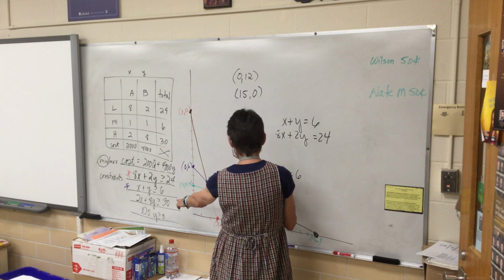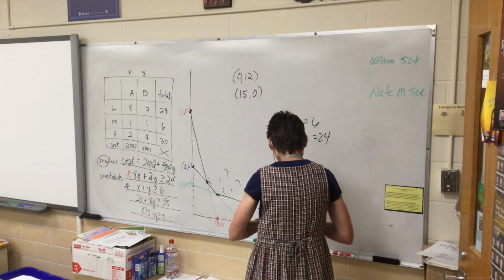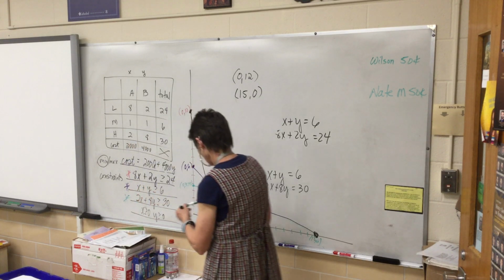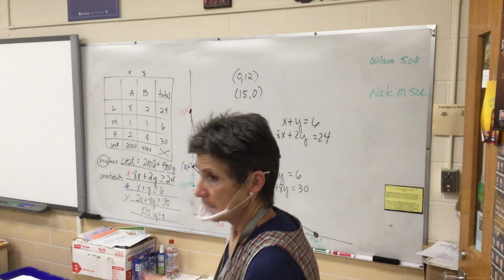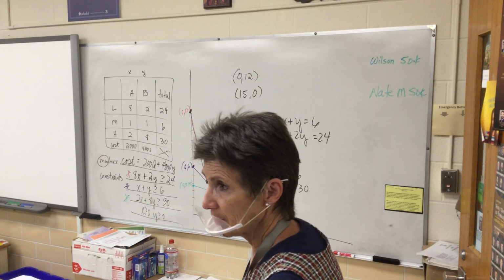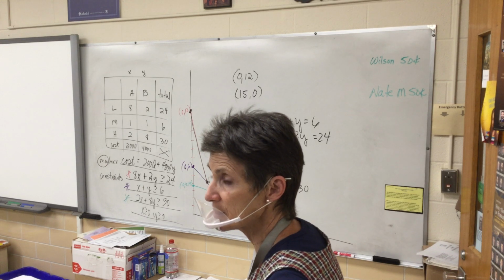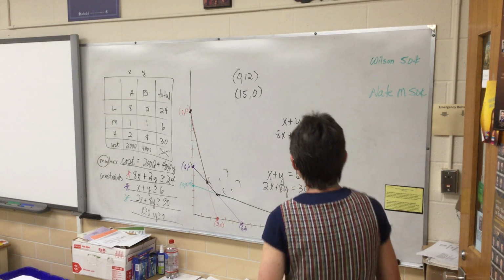Oops, I didn't label it, but that one's green. Everybody's still with me here at various stages of this? You know what you're doing? You're solving these systems using substitution, elimination, Cramer's rule, whatever you want to do.